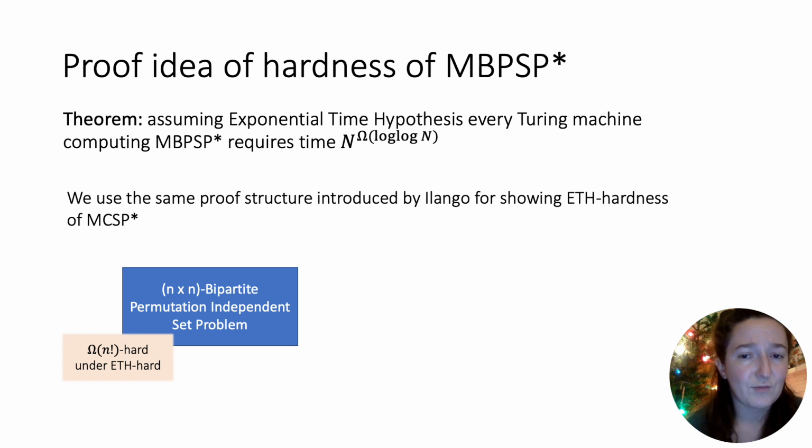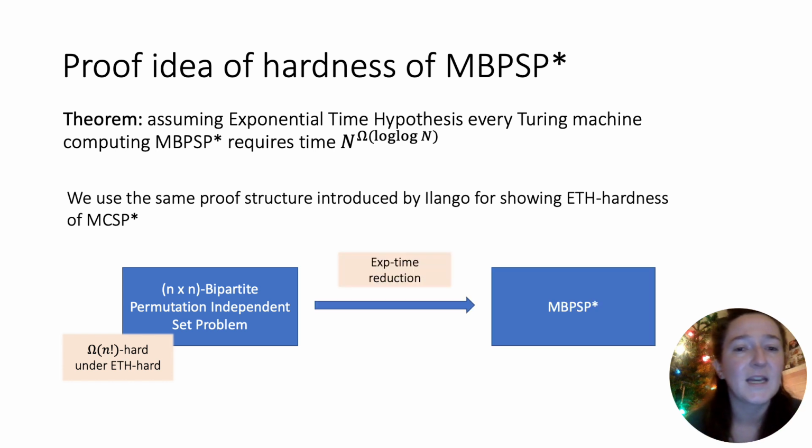It was known to be n factorial hard under ETH, and we construct an exponential time reduction to partial MBPSP. Since we start with a function that is n factorial hard and we construct a reduction that takes about 2 to the n time, we still have some hardness left to get a super polynomial lower bound on MBPSP star.